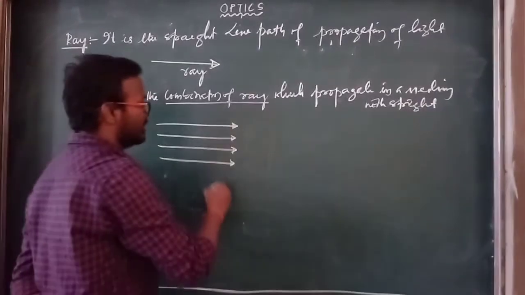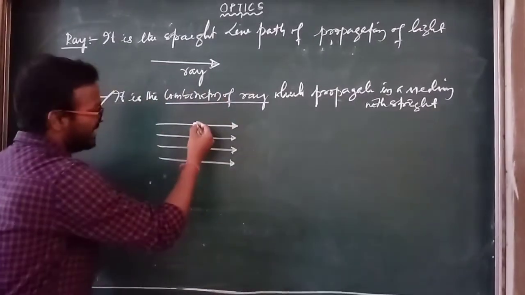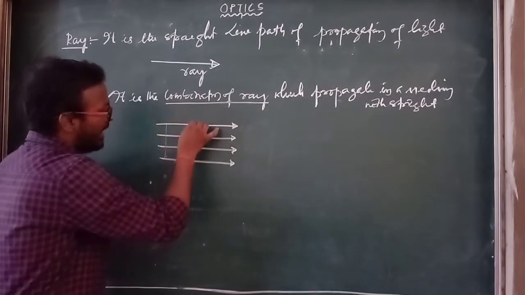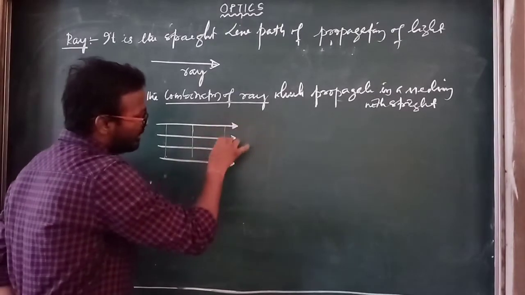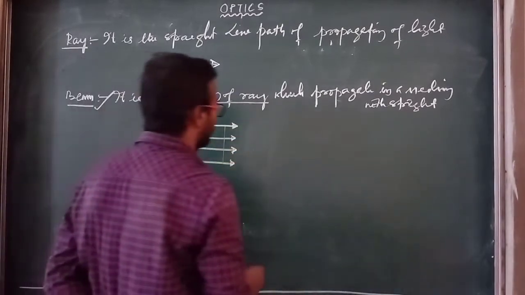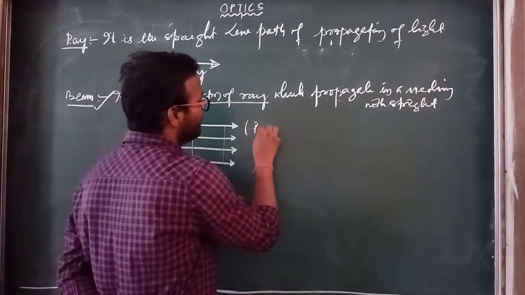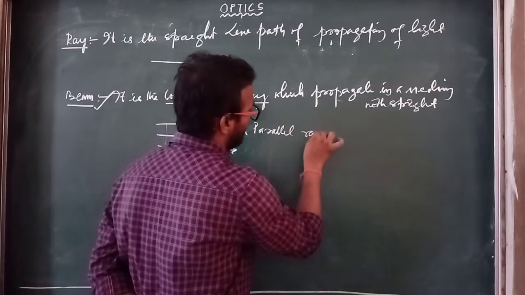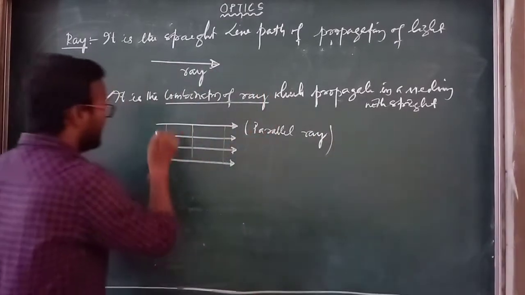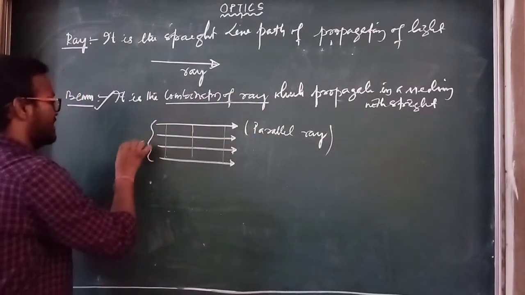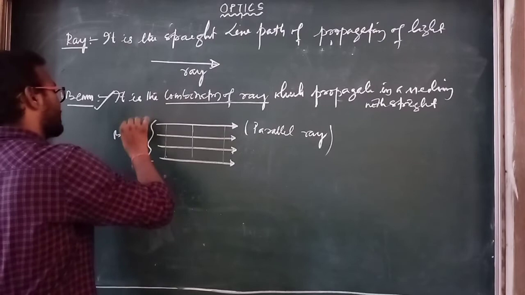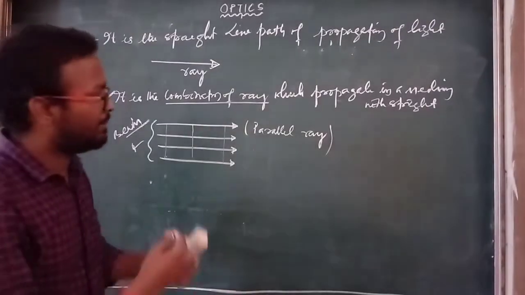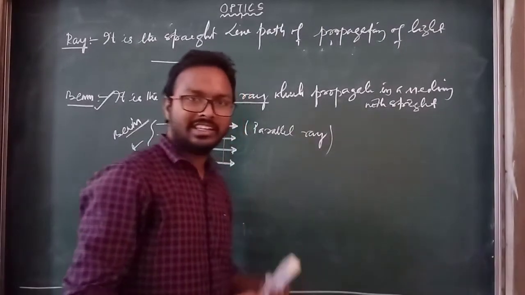Clear? So this is a beam of light, and these rays are parallel to each other because the width at this point, this point, and this point are equal. So these are parallel rays or a parallel beam, and this total combination is known as a beam. A group of rays which make a beam and pass in a straight line in a medium.